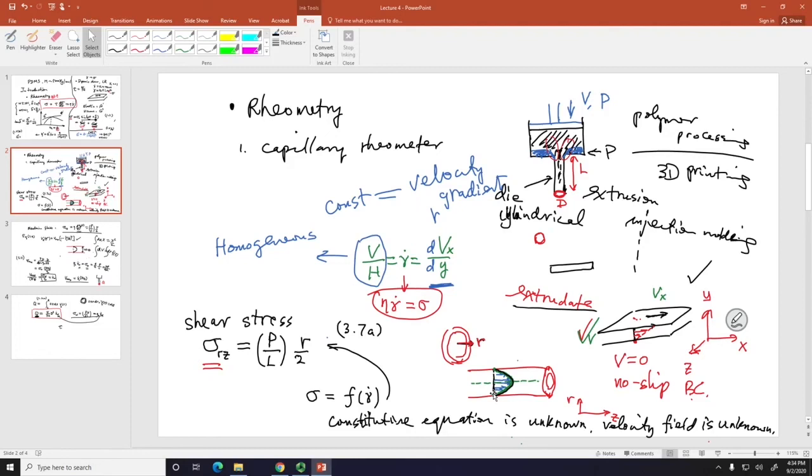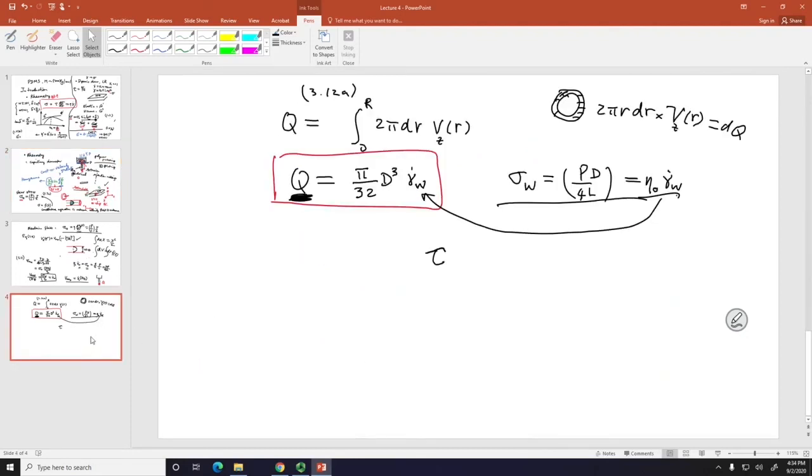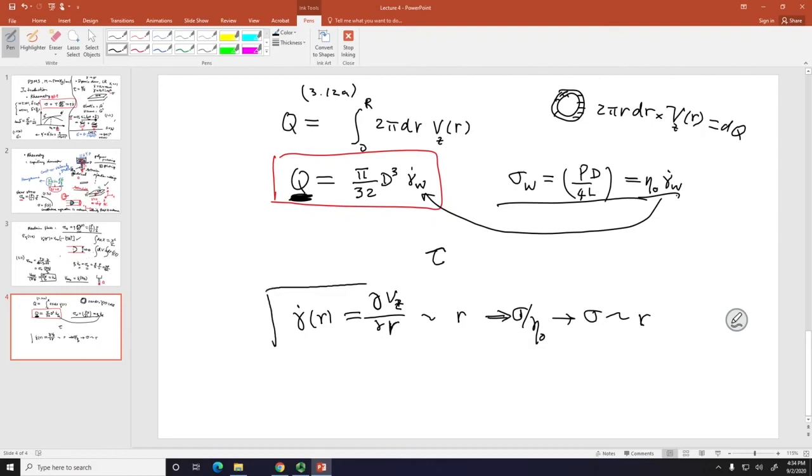And admittedly, the last thing, if there is anything I omitted, is that in this capillary the velocity gradient, or the shear rate, if you like, is a function of r, and since the velocity is quadratic, the shear rate is linear in r. The reason it's linear in r is because it's Newtonian, therefore shear rate should be proportional to the stress, right? And the stress, I just told you the formula, is proportional to r.